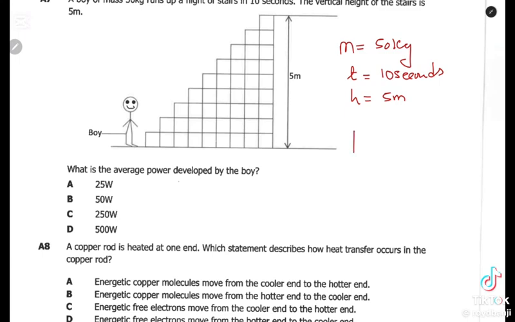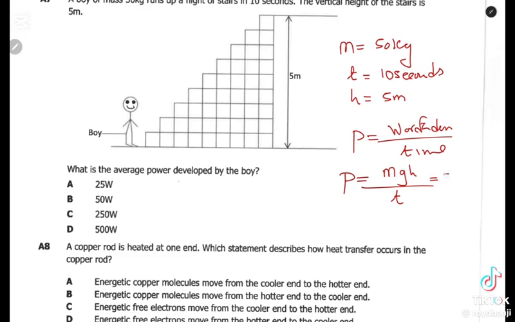So the average power is equal to work done over time, or energy over time. Therefore, to calculate power, we find the energy, which is potential energy, and divide by time. Potential energy is equal to mass times gravity times height.